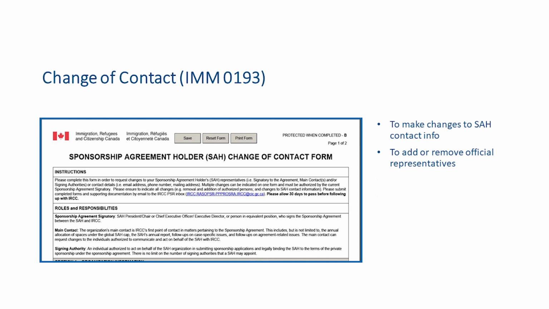The beauty of this form lies in its dynamic nature. It adapts to your specific needs and selections, opening different sections as necessary. Moreover, it provides a helpful checklist of the required supporting documents that must accompany the form, streamlining the process for you. So whether you're updating contact information or managing your SA official representative, this form has got you covered.